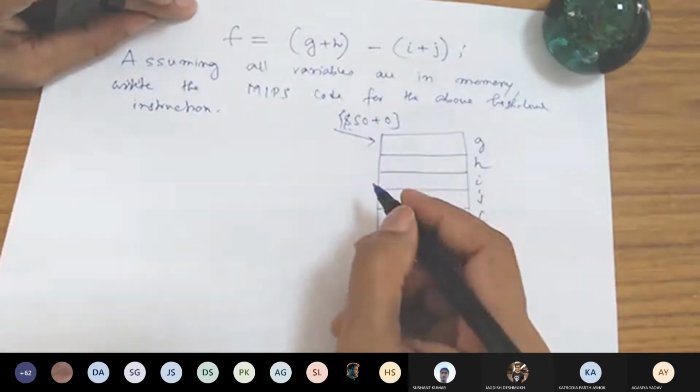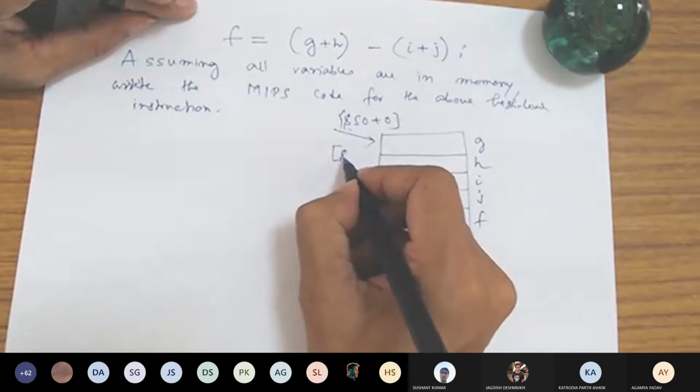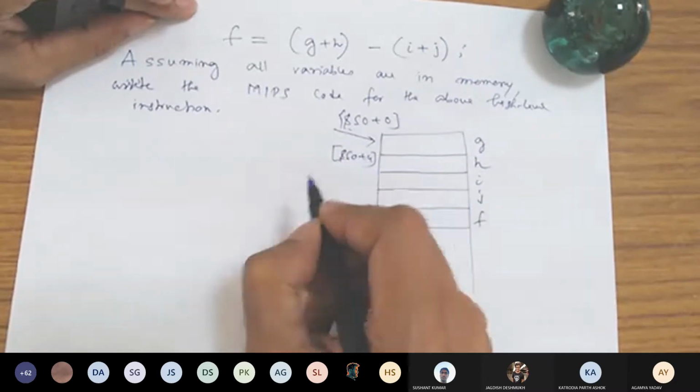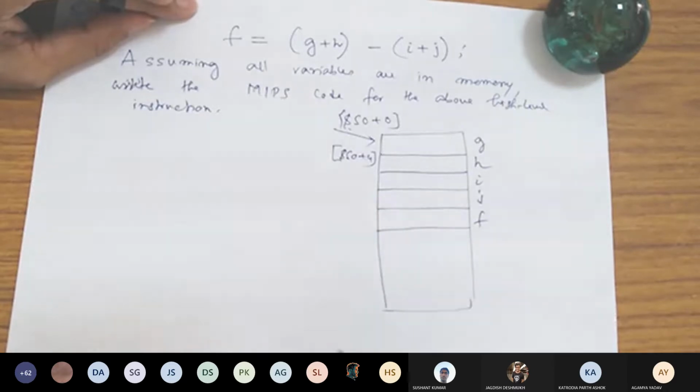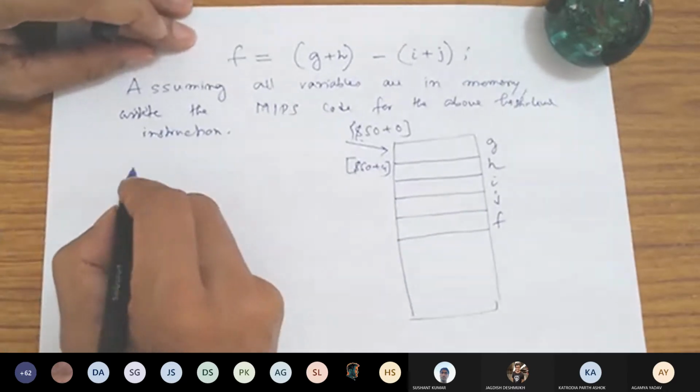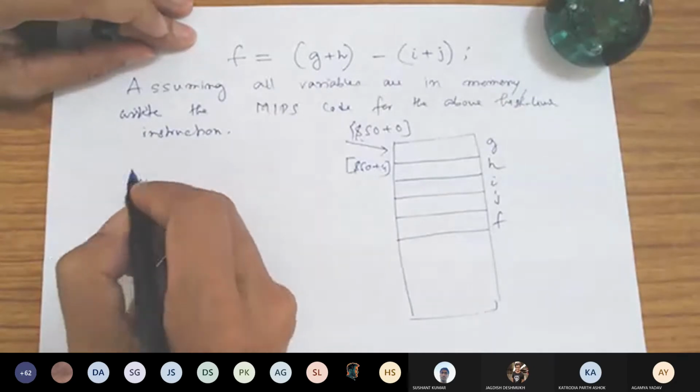This is $S0 plus 4, and so on and so forth. So what you do, load what?